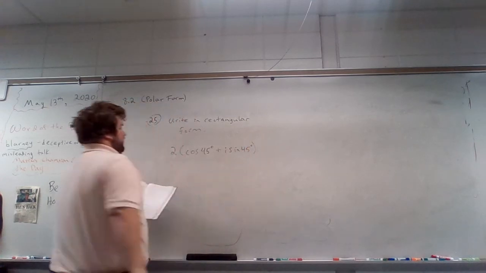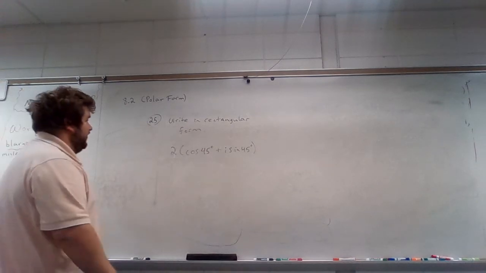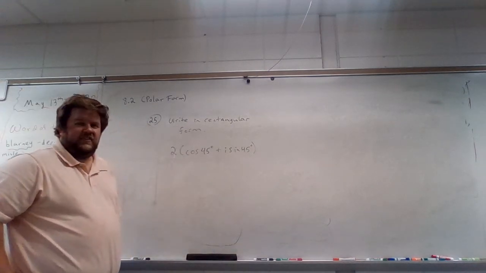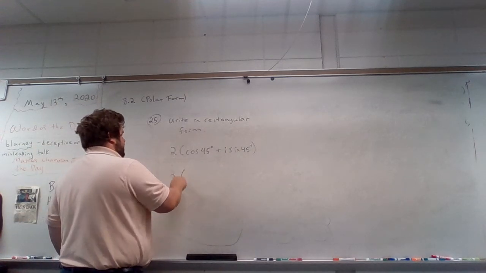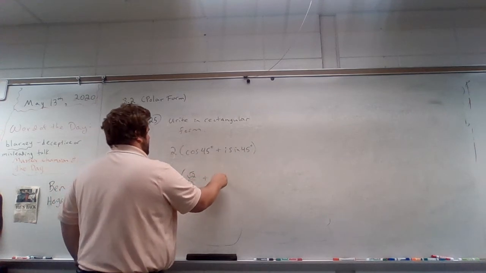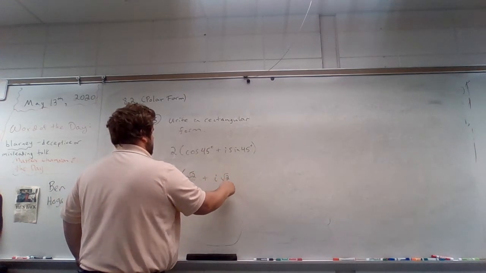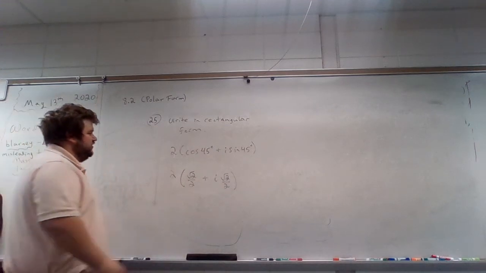It's a little easier to go from polar form to rectangular because all I've got to do is evaluate this. So if I want to write this in rectangular form, I know what cosine of 45 degrees is, that's root 2 over 2. And I know what sine of 45 is, that's root 2 over 2. Right? And then I would just distribute this 2.